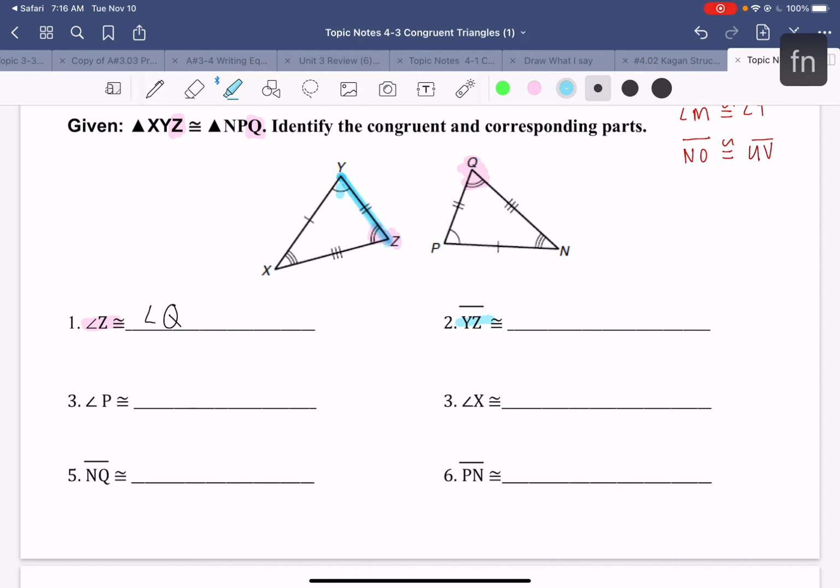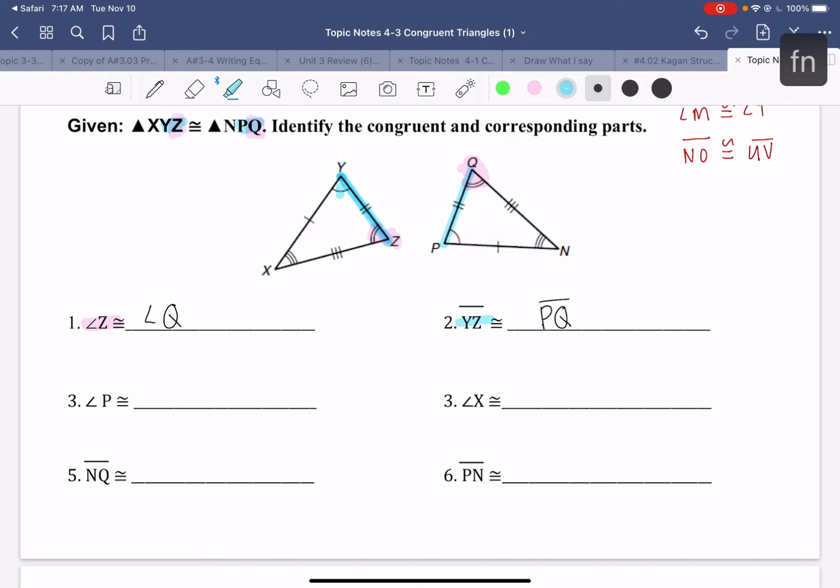When I jump to my other triangle, I need to go from one to two, so it should be PQ. To double check, YZ is the last two of this statement, and PQ is also the last two of that statement.